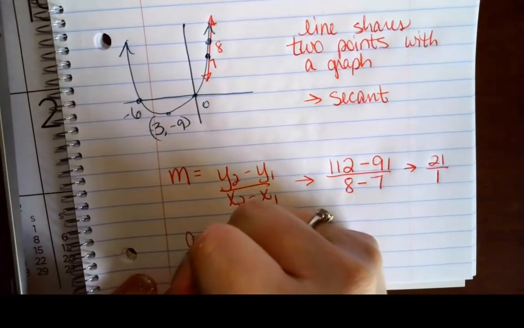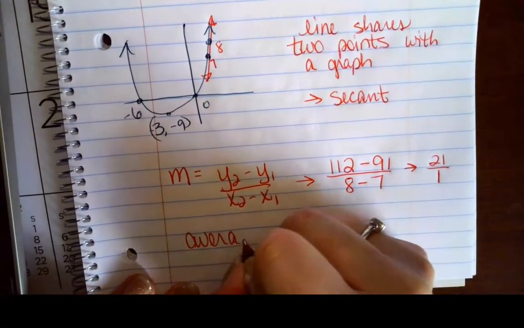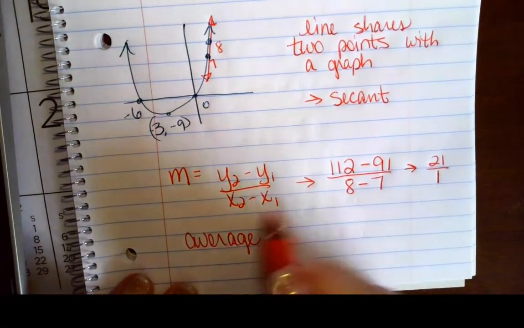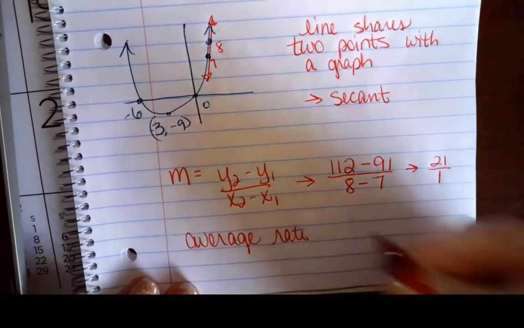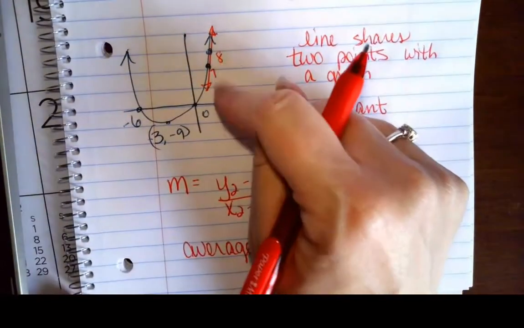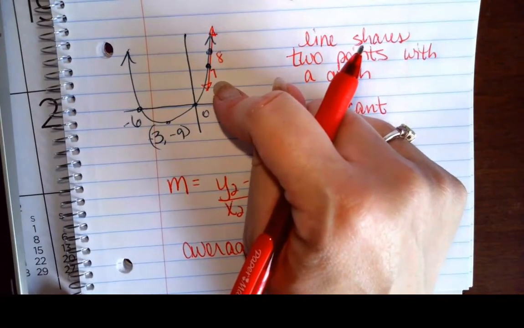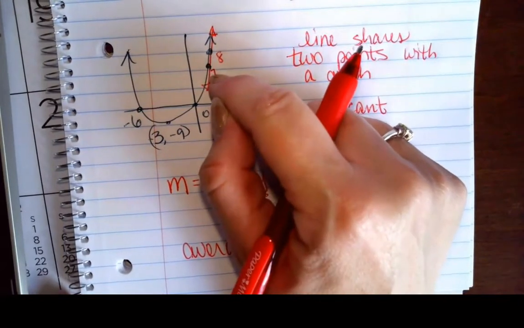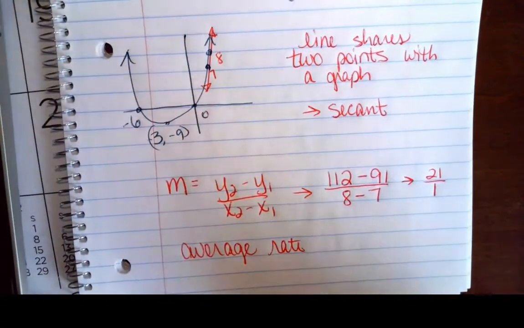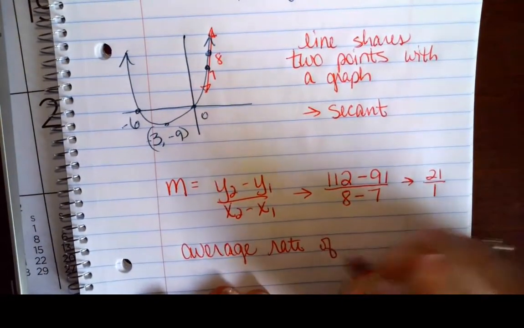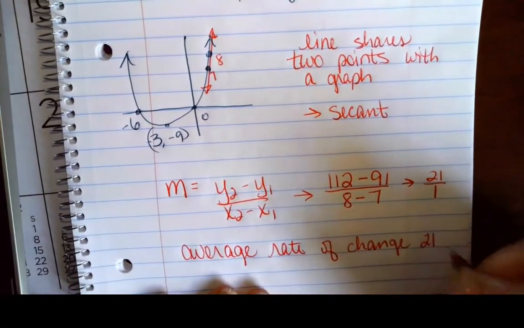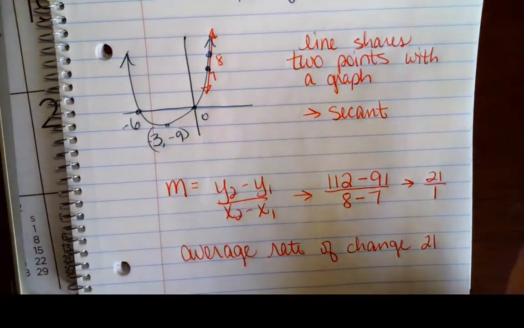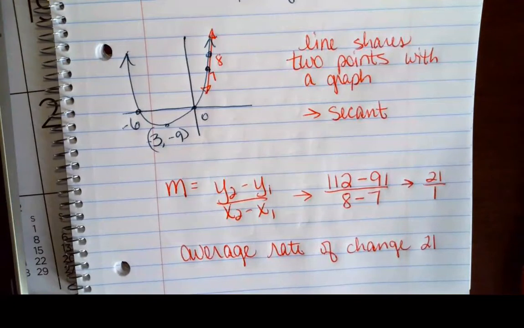So my average, that's algebra, AA. Average is algebra. My average rate of change can be found by finding the slope of the secant line, because those 2 points are both on the red line and on the parabola. So my average rate of change is going to be 21 units, whatever the scale is. So that is your problem of the week.